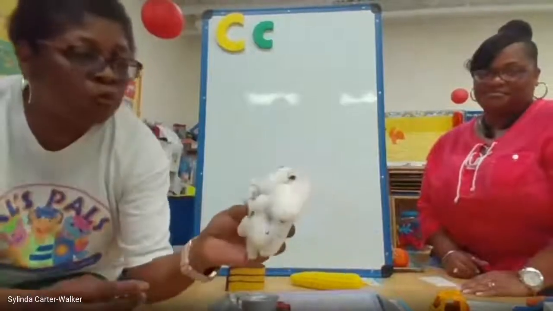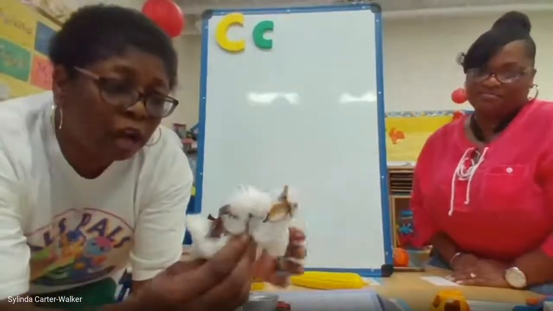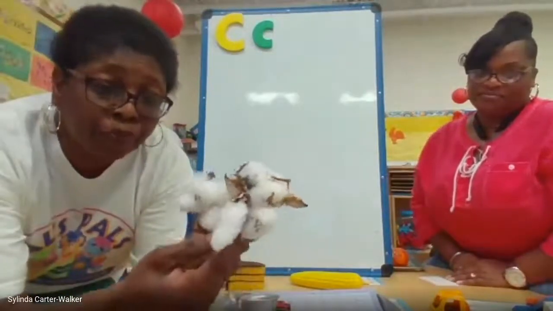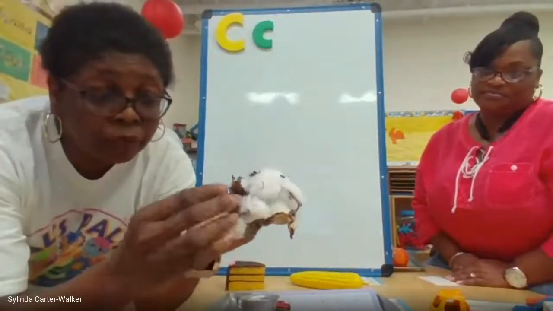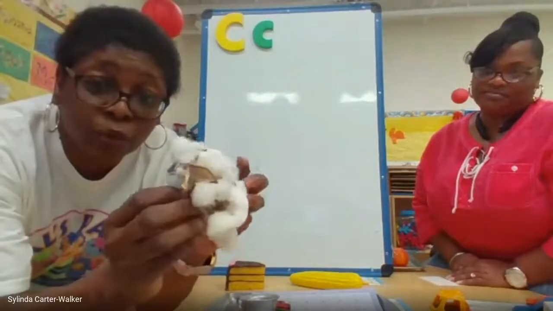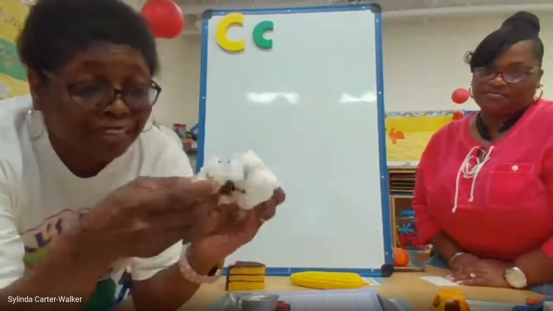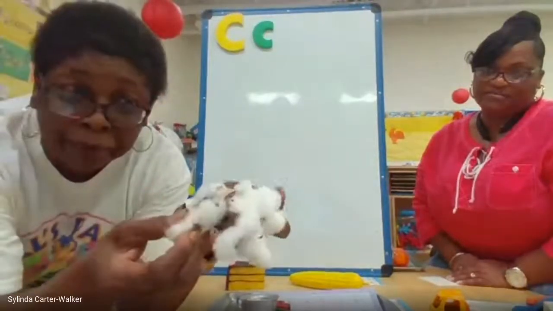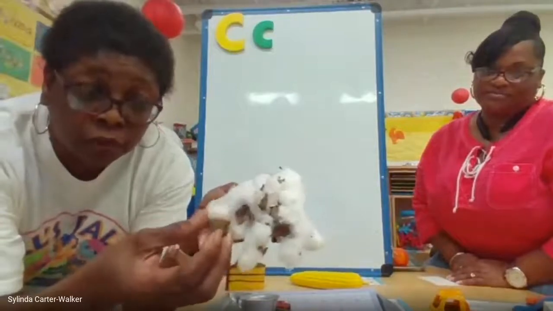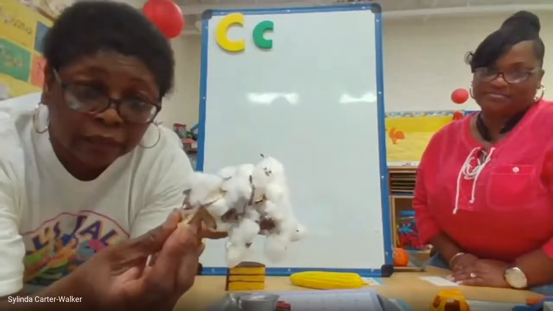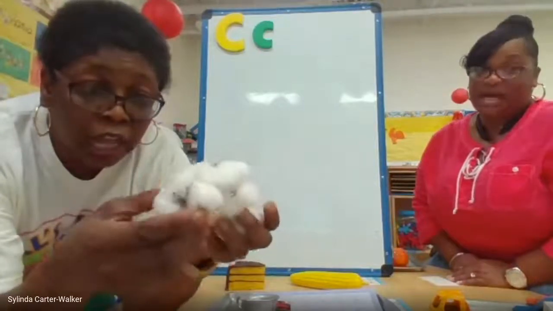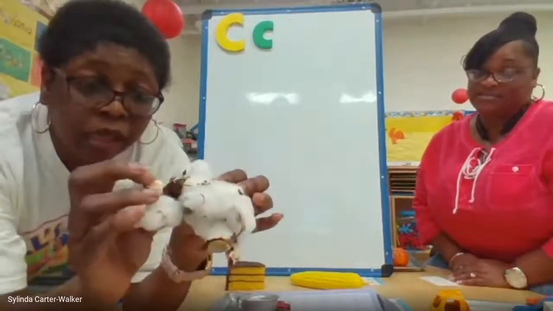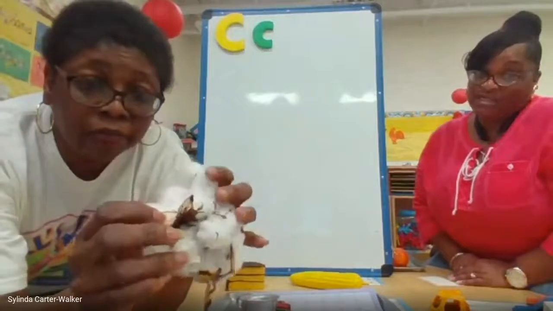Now, this I want to share with you is cotton. This cotton was found in a cotton field. Years ago, our ancestors had to work the cotton field. But I saw this and got out of my car and picked one so that everybody can see that cotton grows from the ground, and not just how we see it in the store.